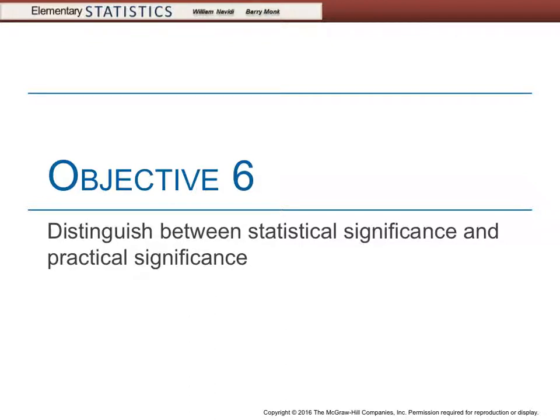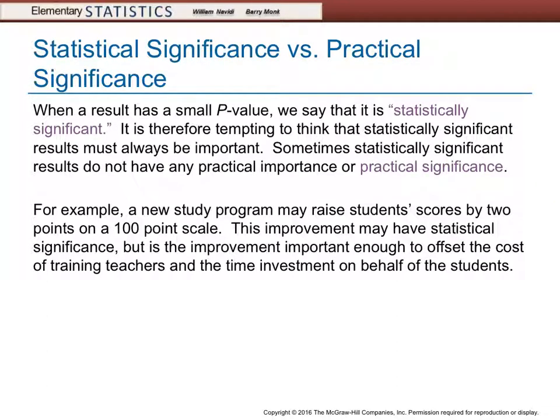So we want to distinguish between statistical significance and practical significance. When a result has a small p-value, we say that it is statistically significant. It is therefore tempting to think that a statistically significant result must always be important. Sometimes statistically significant results do not have any practical importance or practical significance.